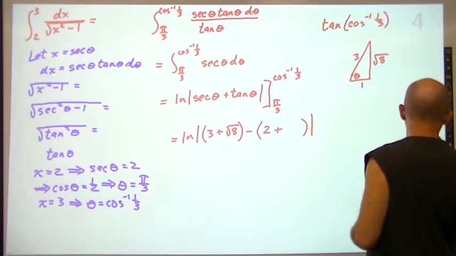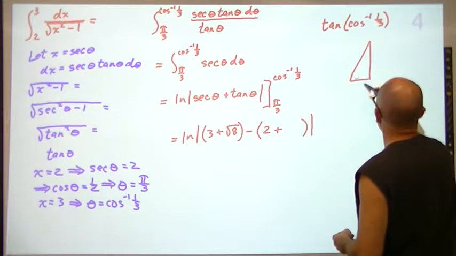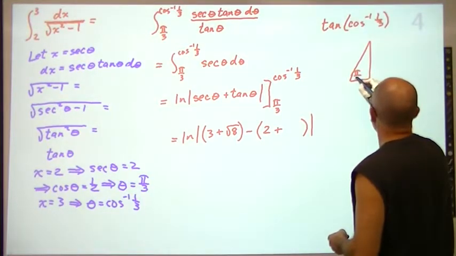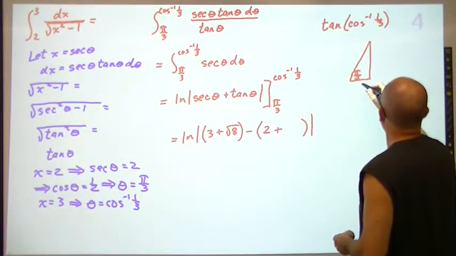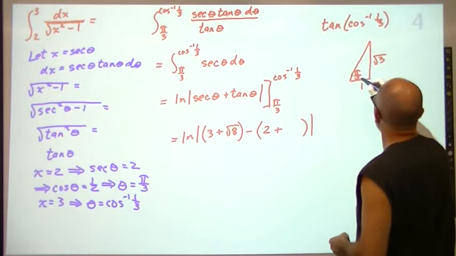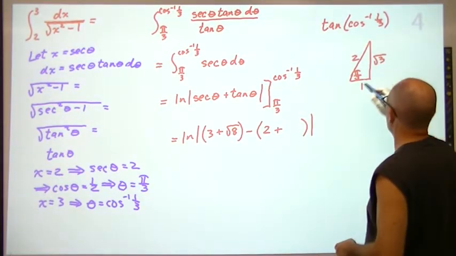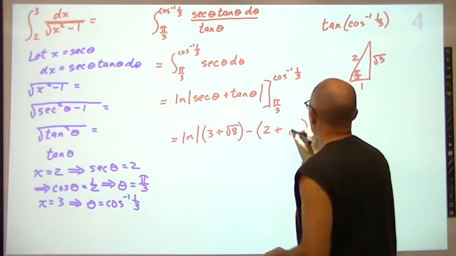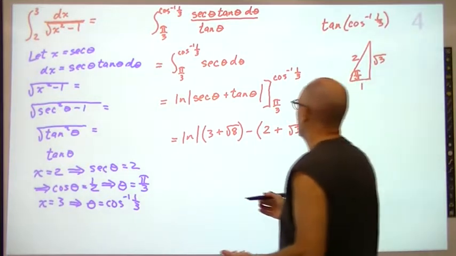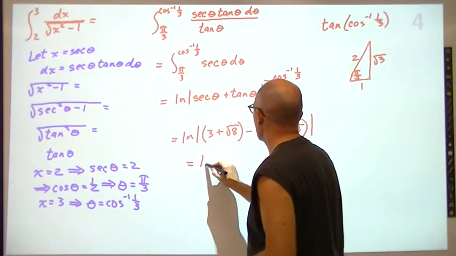Well, we'll just use this triangle right here. If this is pi over 3, then we know that the short side is 1, the long side is square root of 3, and the hypotenuse is 2. So tangent would be square root of 3 over 1.